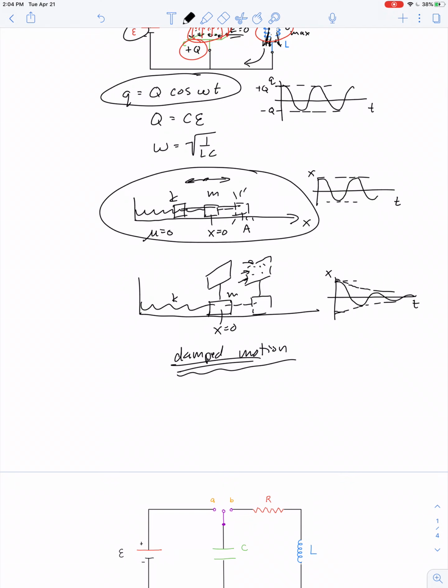Now, you might recall that this is a big throwback here. There's an equation that describes position as a function of time. For the case with no damping, it's really simple. The position is just equal to A cosine omega t.